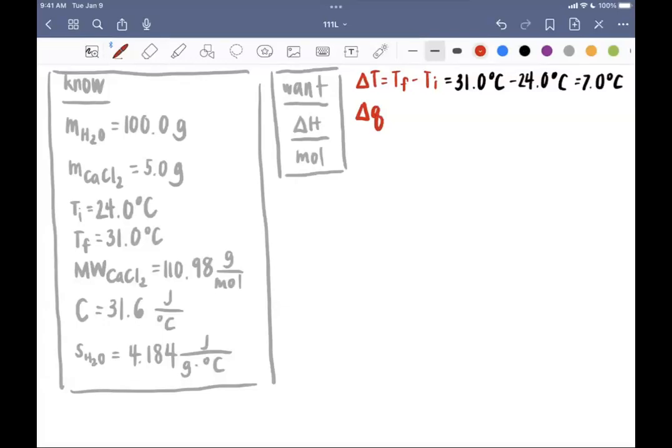So in your data table, this is abbreviated as the change of heat for the solution, or water here as the W, and that's equal to the negative product of the specific heat times the change in temperature times the mass, because we're talking about the heat absorbed by the solution. And so we're going to then input our specific heat. We've just calculated the change in temperature, and we have the mass of the water in our table for what we know.